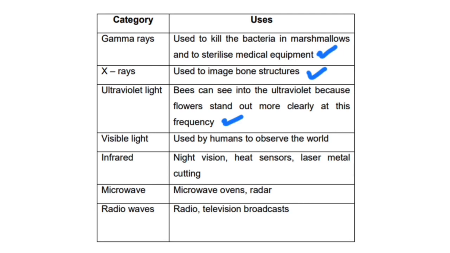And visible light, this is used by humans to observe the world. Infrared, on the other hand, is used for night vision, heat sensors, and laser metal cutting. Microwave ovens, obviously. And radio waves, radio and television broadcast. So yeah, you need to know some of these uses, at least one for every EM radiation.